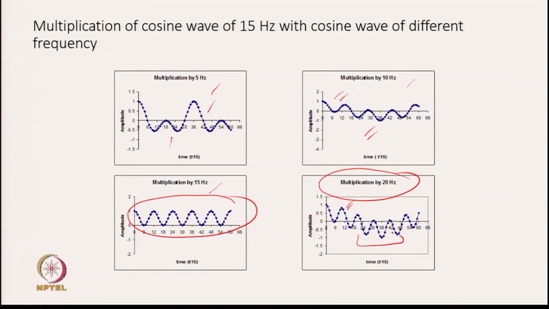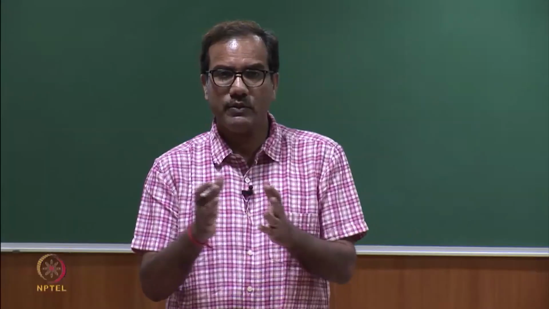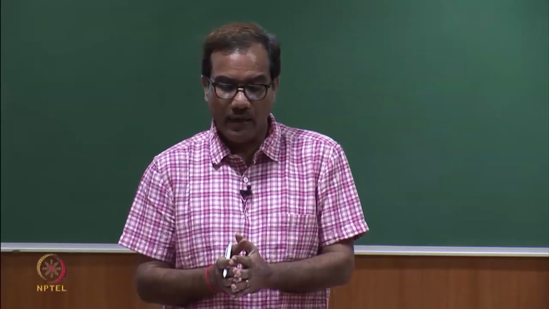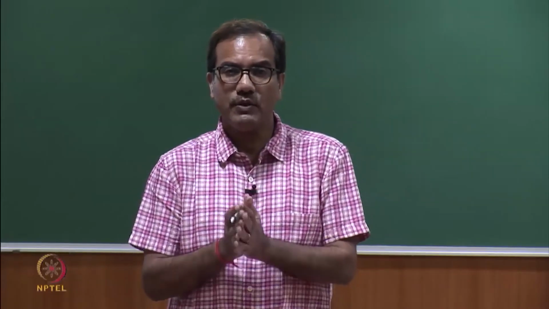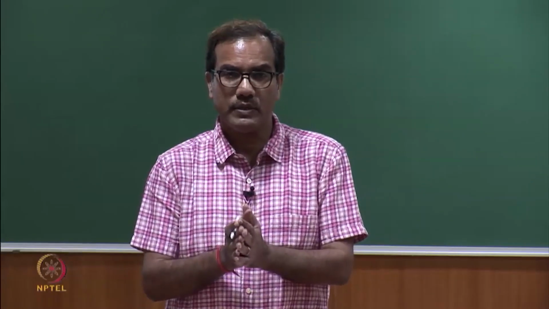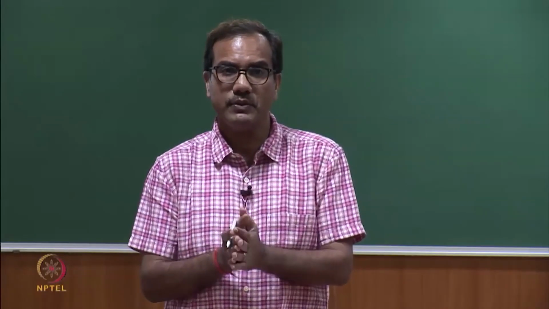And now, if we sum up from t equal to 0 to t equal to infinity, what amplitude you are going to get is 0. Sum of the amplitude will be 0.